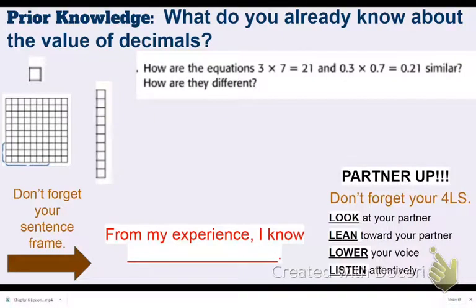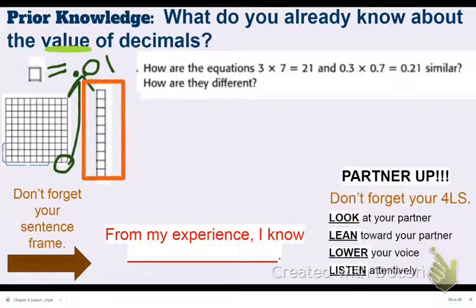All right, what do you already know about the value of decimals? Remember, value is how much it's worth. Well, I know that one single square is equal to 1/100th, or 1 out of 100. It's kind of like this little tiny one right here is the value of that one square, 1 out of 100. Okay, I know that you can represent tenths using a column like this.